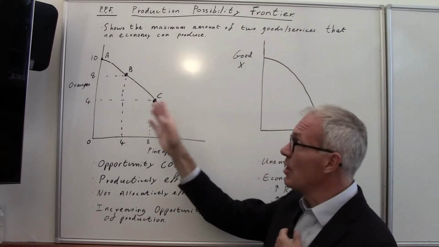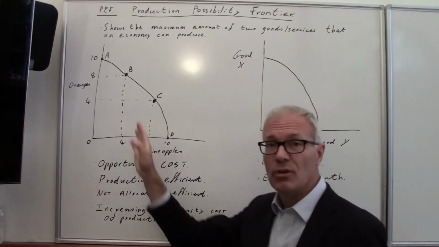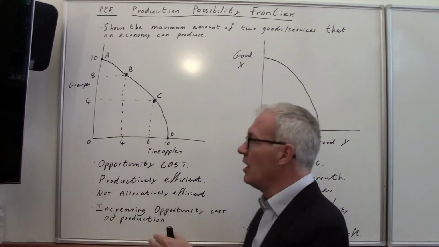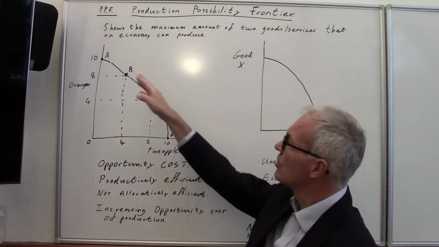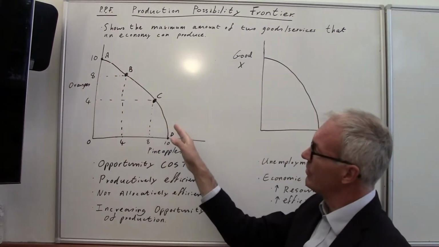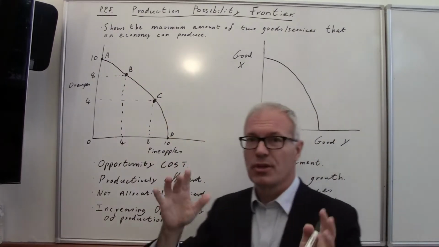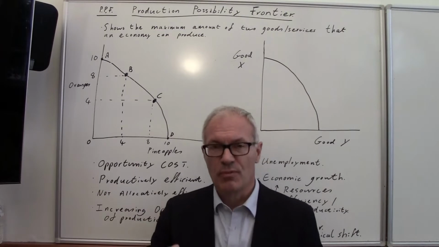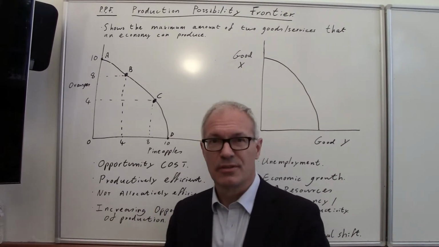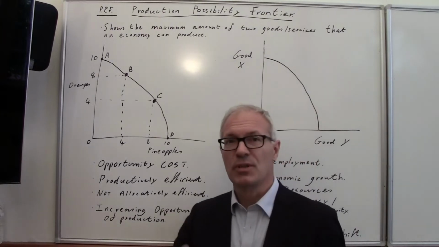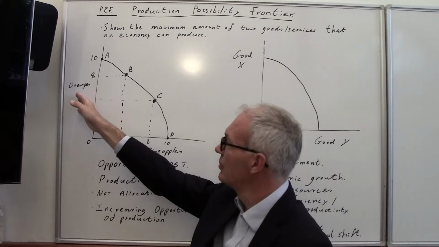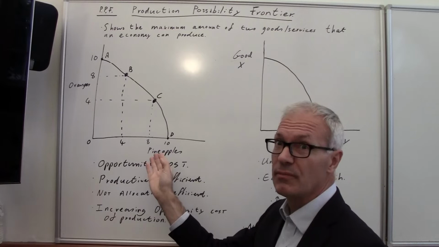It assumes we're only producing two goods or two categories of goods, and it compares those on a simple diagram to show the maximum outputs that can be produced. So imagine we are marooned on a desert island. There's four of us. We work hard and we can produce oranges or pineapples.